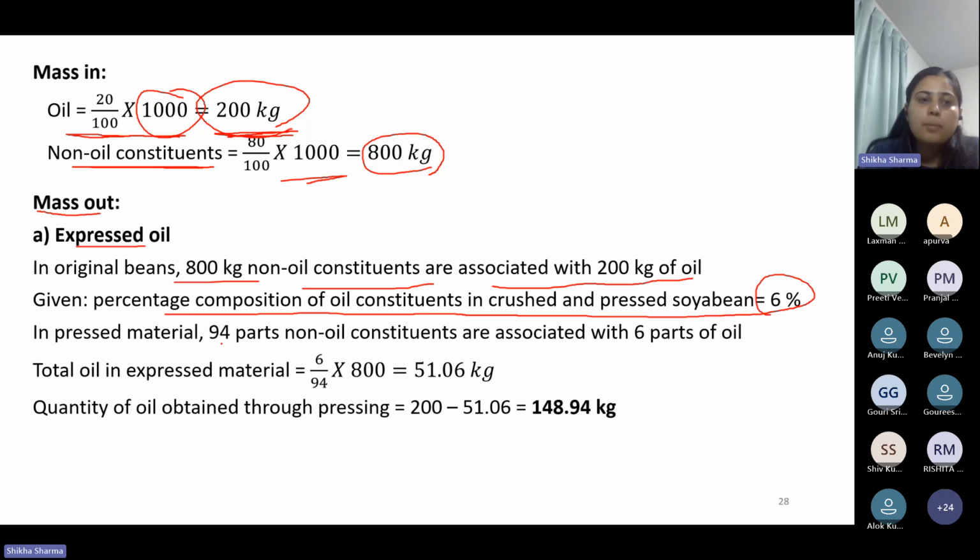So in the pressed material, around 94% is the non-oil part and 6% is the oil part.